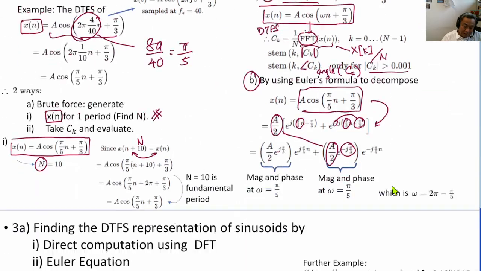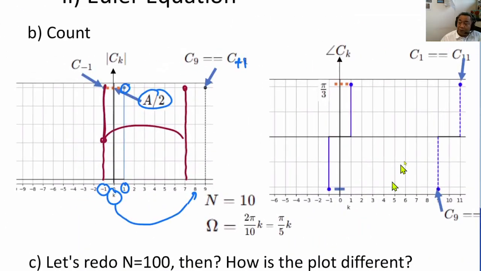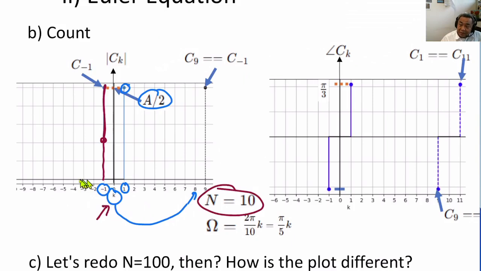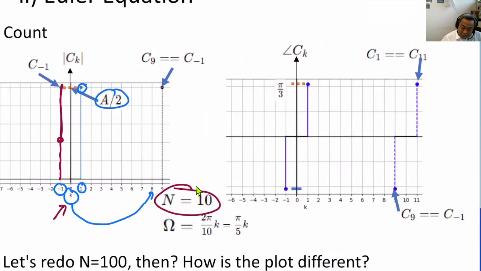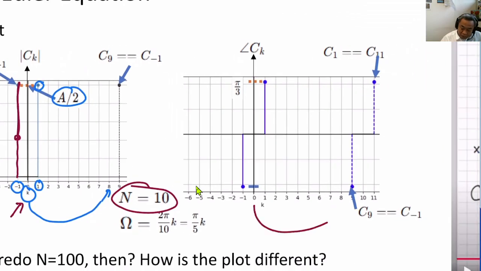So let's see our result. Here, k equals 0 is here, and because our signal is repeating every 10 samples, in the frequency spectrum it is also repeating every 10 samples.